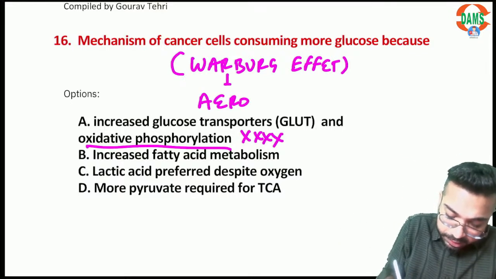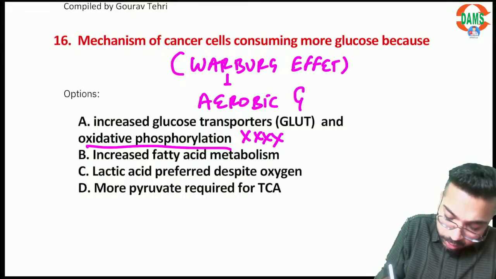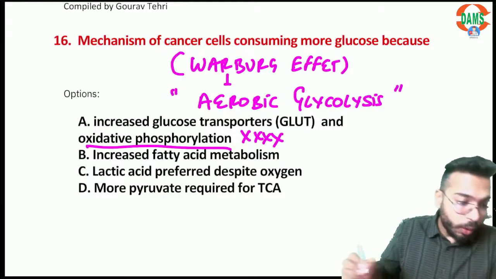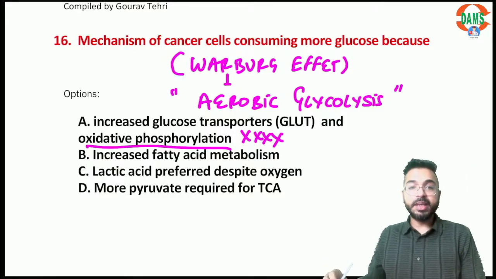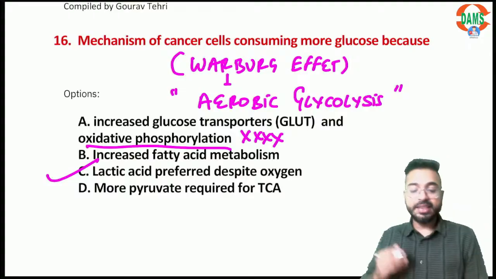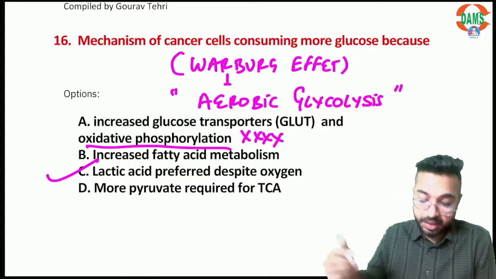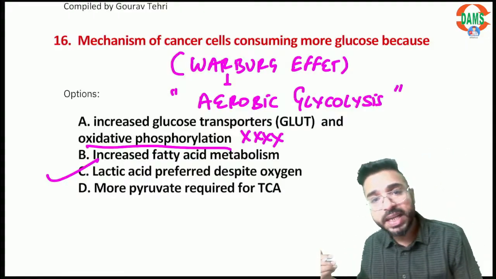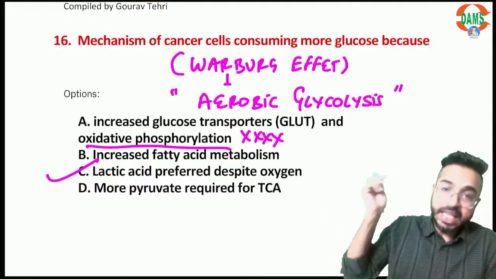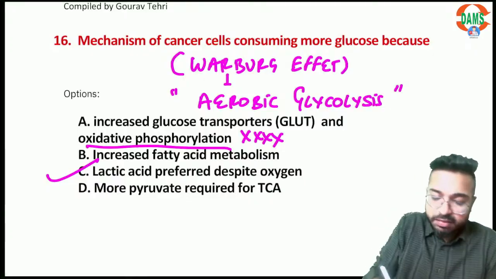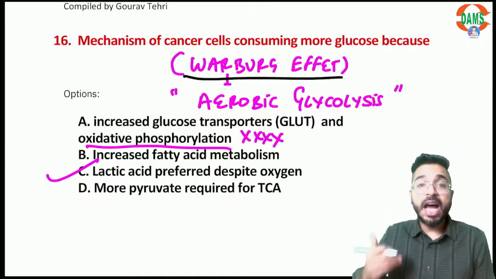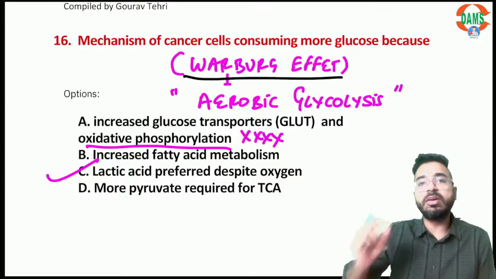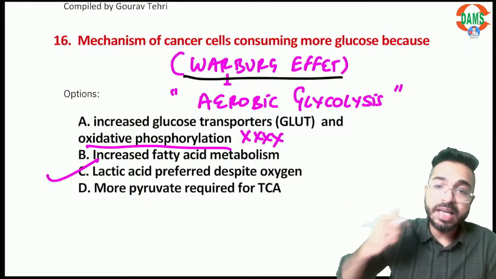Warburg effect is called aerobic glycolysis. So the best answer becomes lactic acid preferred despite oxygen, because we all know that generally lactic acid is preferred in anaerobic conditions, but in cancer cells, in spite of oxygen, I hope you remember what the Warburg effect is. Warburg effect means that even in the presence of ample oxygen, cancer cells prefer glycolysis.